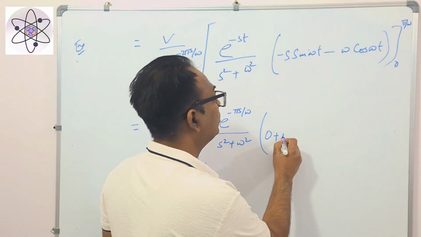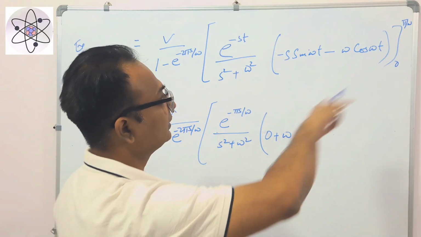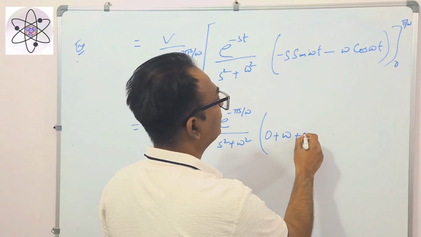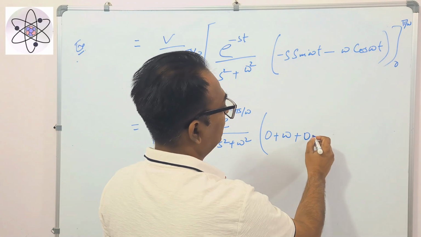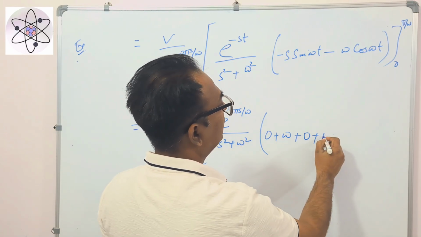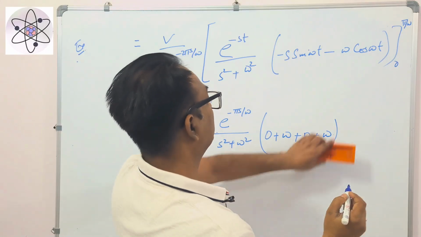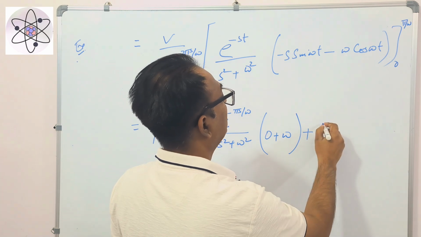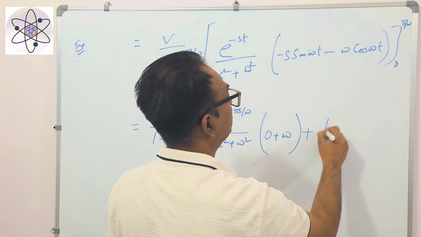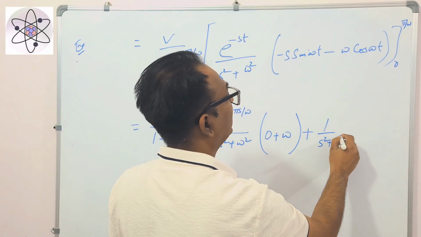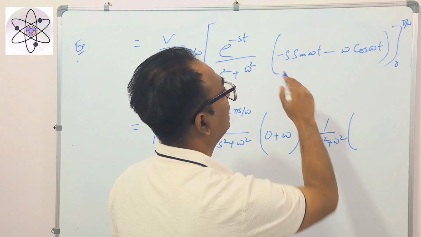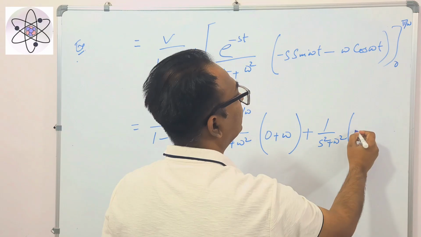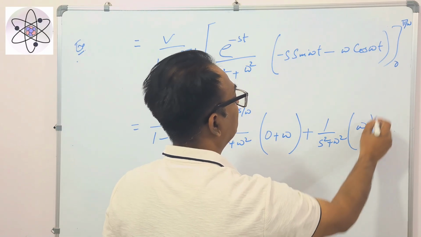So this will become plus omega. This is the first part. Then the second part, e to the power 0, that is 1. So 1 by s square plus omega square, and here sine 0 is 0 and cos 0 is 1, that is omega.